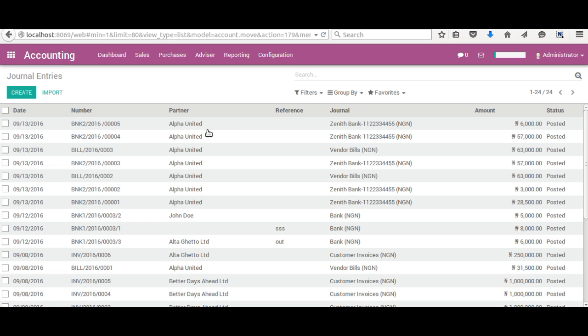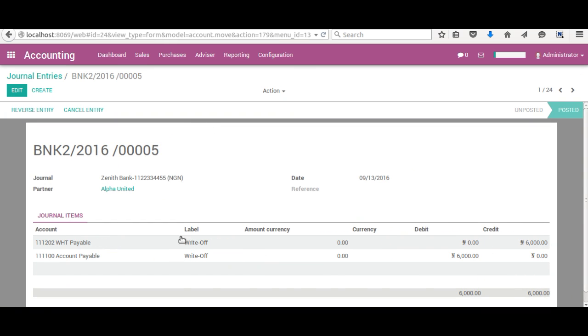The second entry, which is the 6,000, makes a debit to my account payable. Okay, so this debit plus the previous debit of 57,000 now completely nils off the 63,000 I am owing Alpha United. But you then see a credit to withholding tax payable.